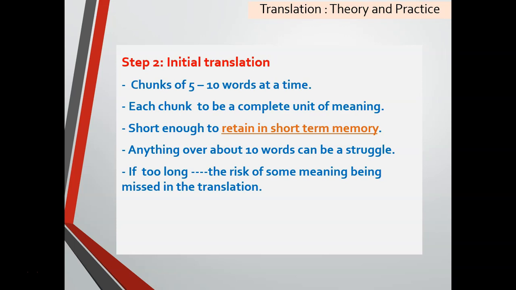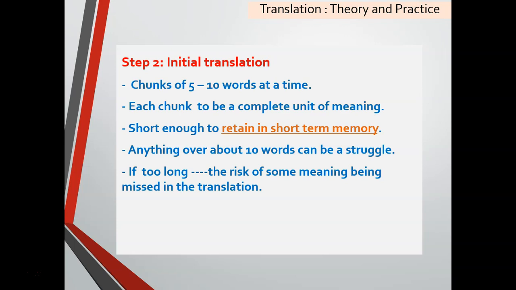Each chunk also has to be short enough to retain in the short-term memory of the translator, because he can connect them together, and anything over about 10 words can be a struggle or difficult to translate all together. Sentences are frequently longer than this, so will typically need to be split up into shorter units.